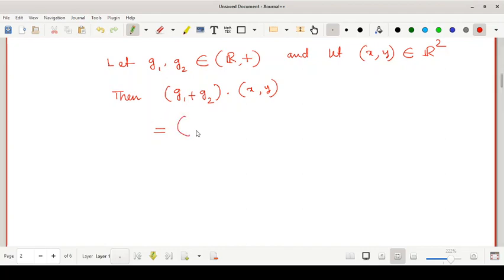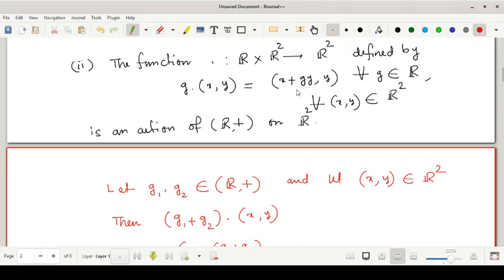So this will be an element of R2: (x plus (g1 plus g2) y, y). See this g1 plus g2 times y, what is this?